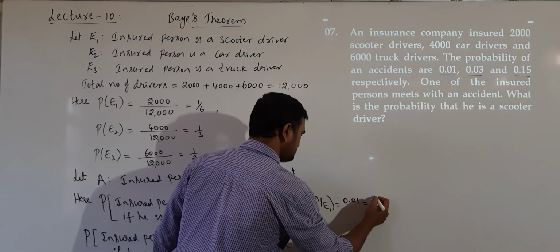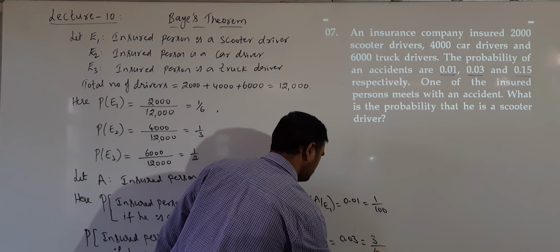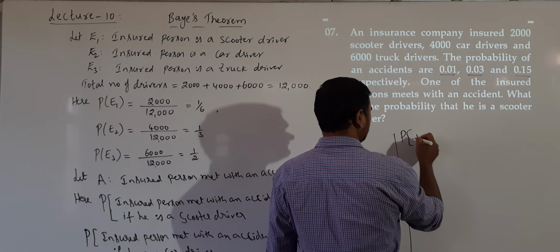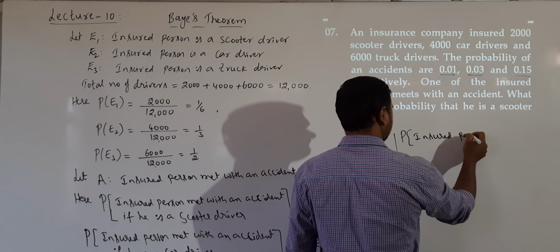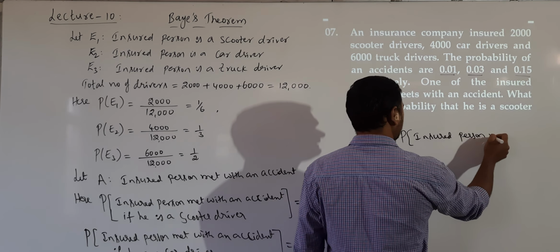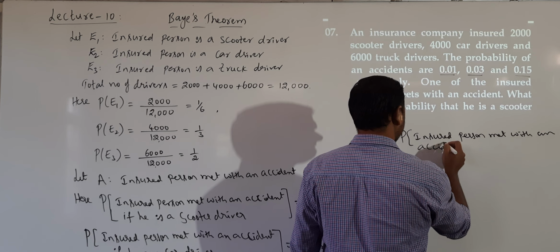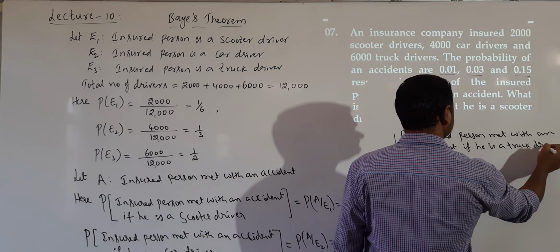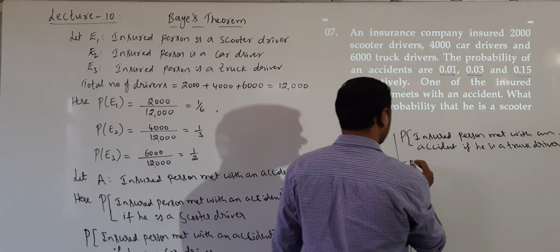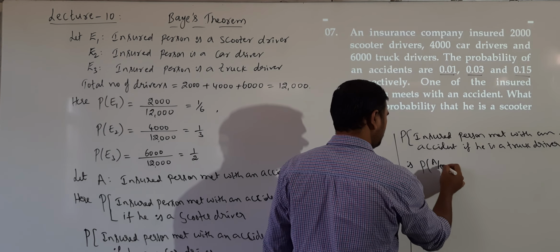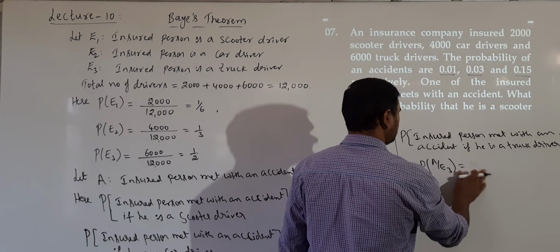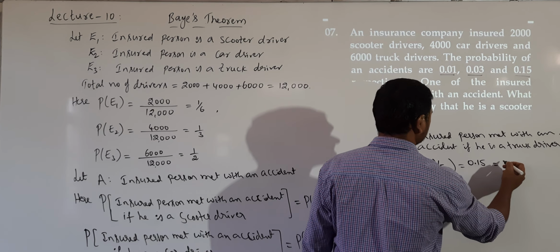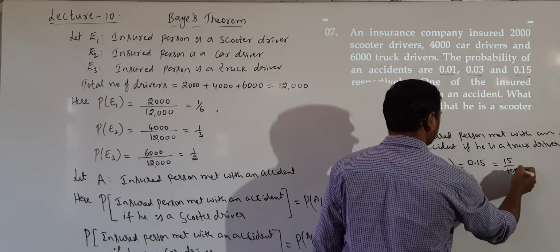I can convert to fractions: 1 by 100 for scooter, 3 by 100 for car. Next, the probability that the insured person met with an accident if he is a truck driver is P of A given E3, which is given as 0.15, so 15 by 100.